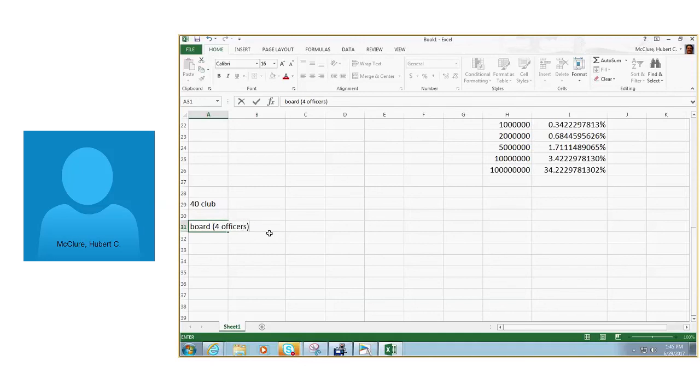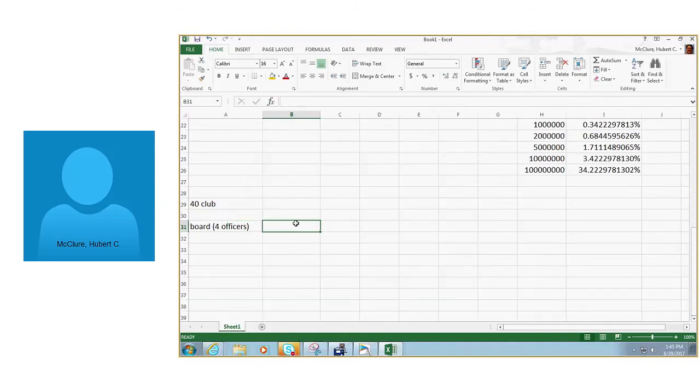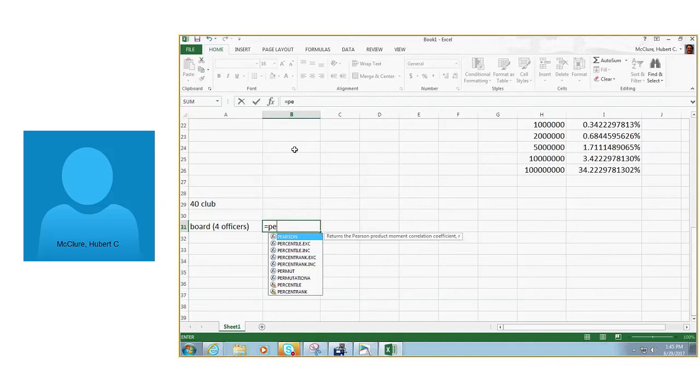And it'll say chairman, vice chairman, president, vice president, and that's going to be a permutation. So you would do permute 40, comma what? 4.